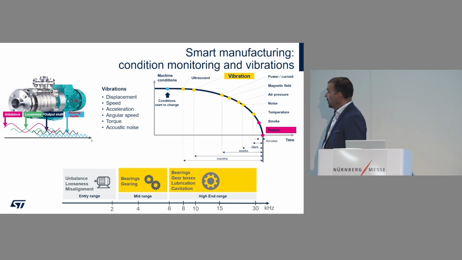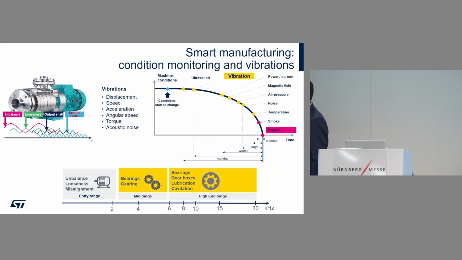The second part of this slide is the typical PF curve. So it's basically the potential failure and then the failure of the mechanical equipment in its lifetime. You can see on the horizontal axis the time. And as the time is increasing, the mechanical element or the system is degrading.